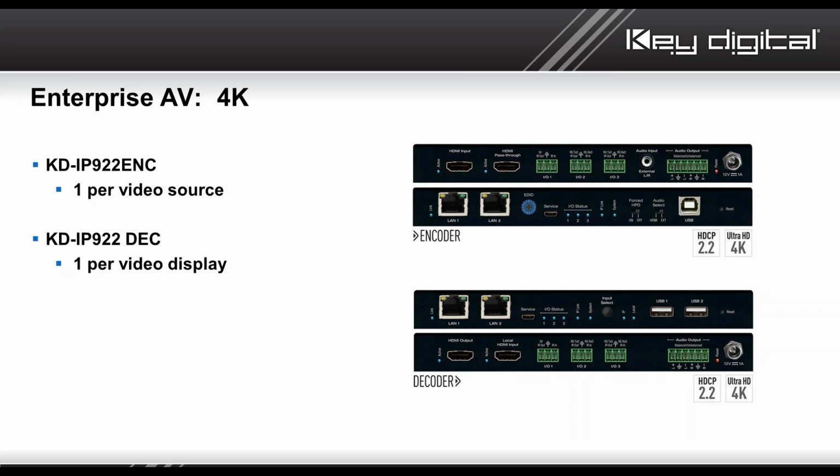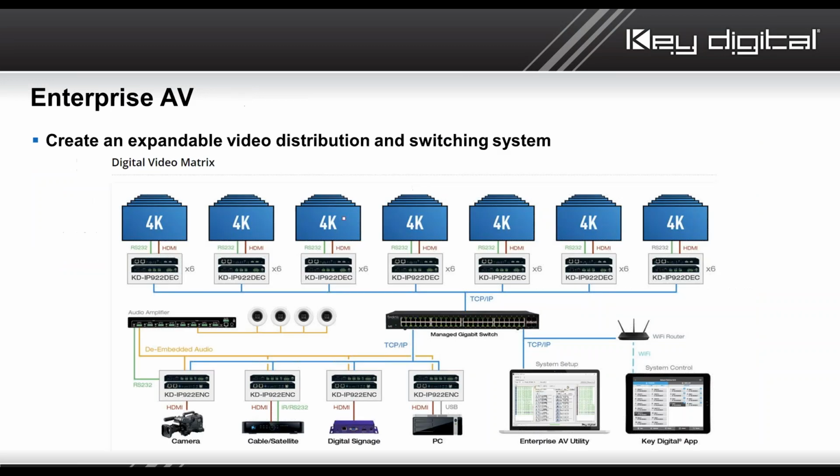It's because just this, what we see here on the left, is that with Enterprise AV, you're able to make a video system based on your actual needs, based on the quantity of HDMI digital video input sources and HDMI digital video displays. One encoder is all you need per source, and one decoder per display.